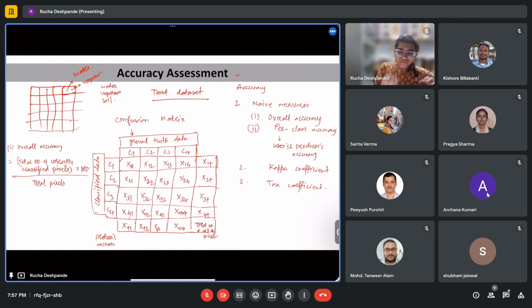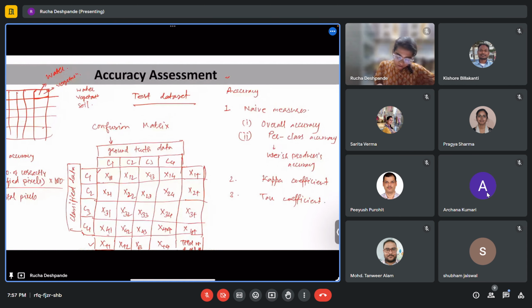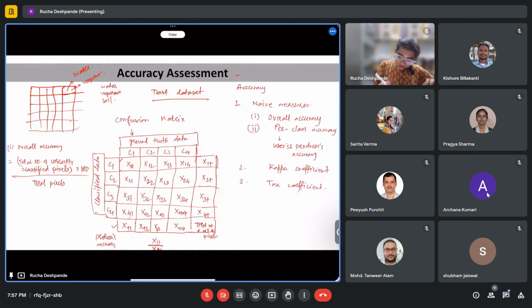For class 1, my producer's accuracy would be the total number of pixels which are rightly classified as class 1 divided by the total number of pixels which are actually class 1 in my reference data. So it will be x11 divided by x plus 1, which is the sum of this column.